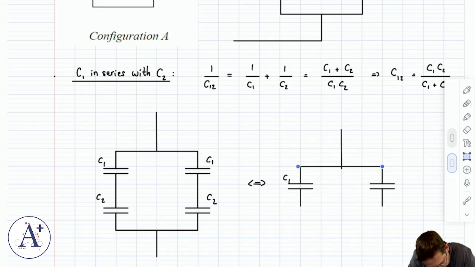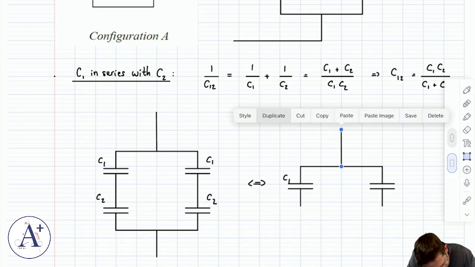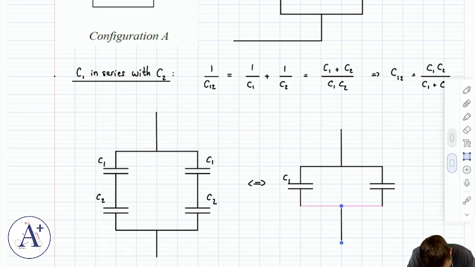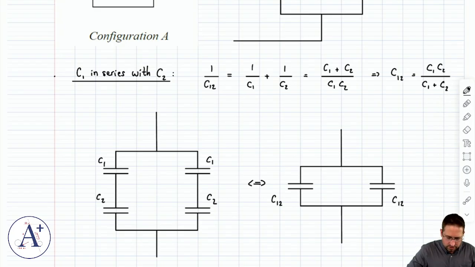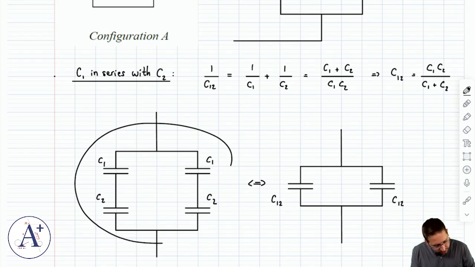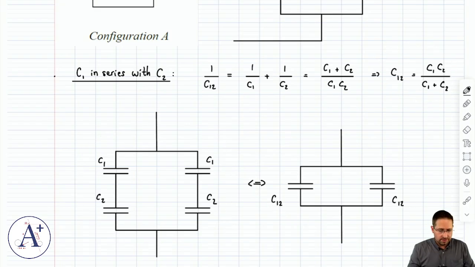Oh, come on, wow. The struggle is real. Come on. There we go. Oh, man. All right, so then it is as if I had C12 here and C12. In other words, in terms of behavior, there is no difference between this and this, so long as C12 is equal to this.